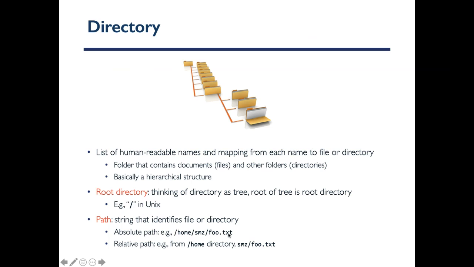So this is an absolute path to my file. If I'm actually currently in my home directory, then I can have a relative path to the file that I want. A relative path would be from where I am right now, from home. So I could just say, you just go to the SMZ directory, and then you can find your file in that directory.